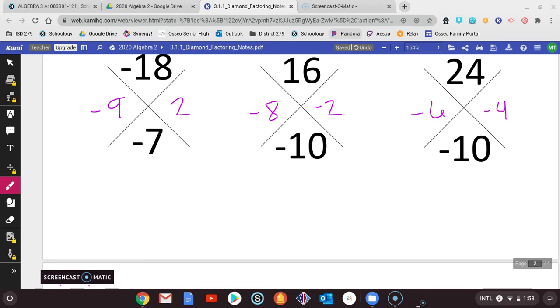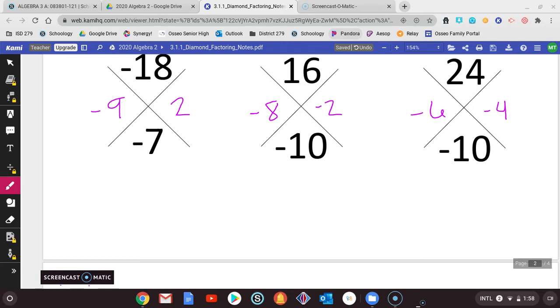So when you are multiplying for a positive and adding to a negative, that means they both have to be negative. So if you look here, negative 8 times negative 2 multiply to a positive 16, but they add to a negative 10.